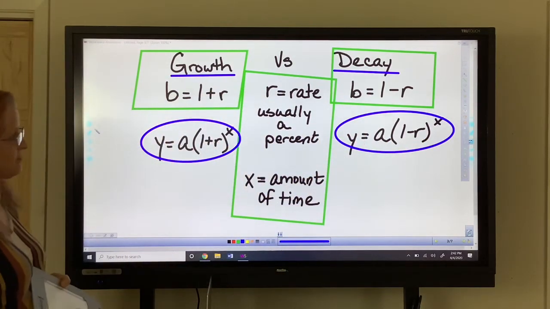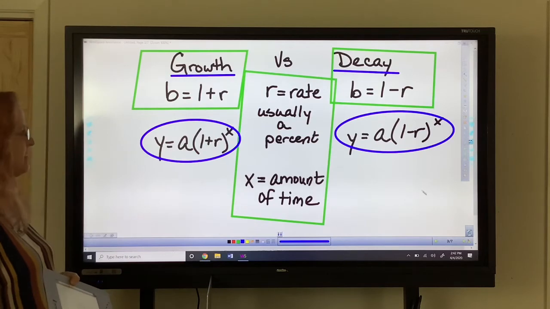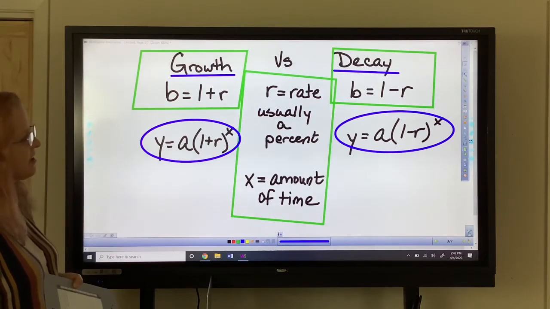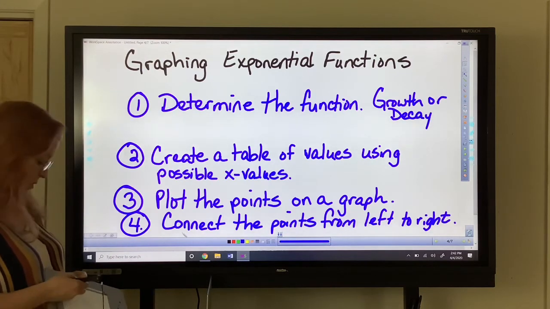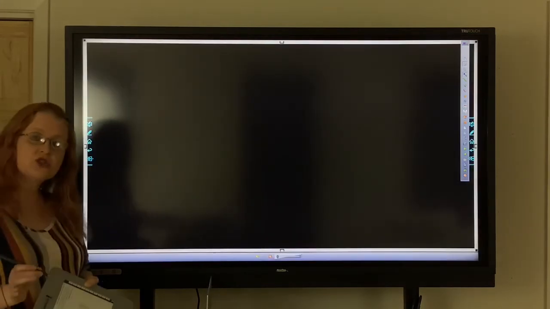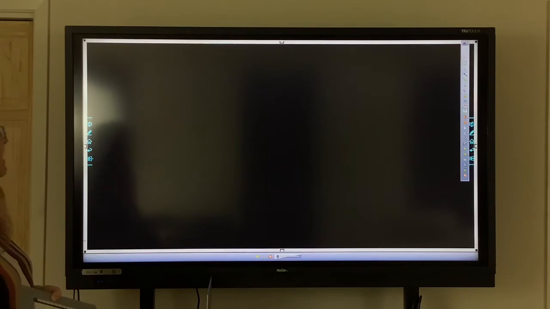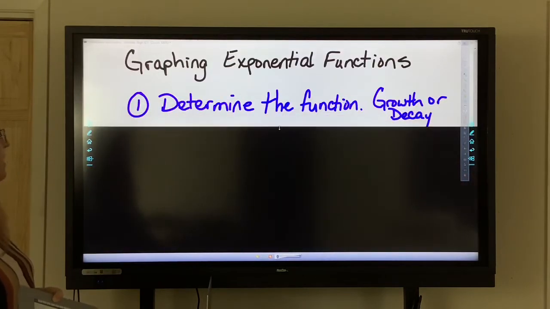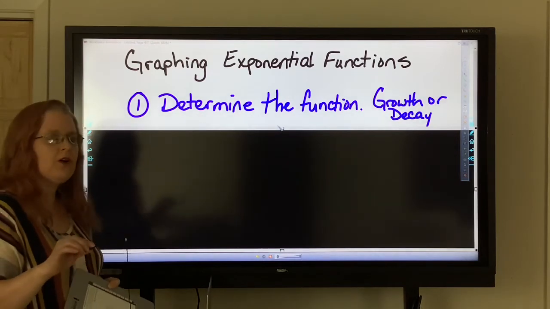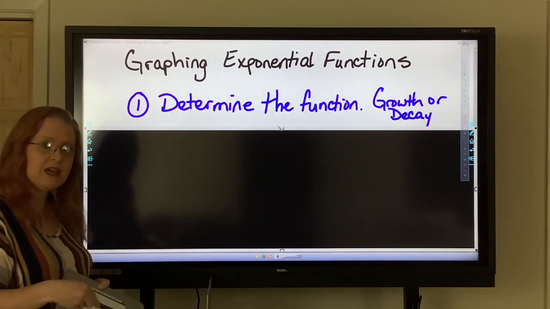And so let's look at a couple of graphs, because this is just a basic video to tell you about exponential functions. So when you're graphing, there are certain steps to take for any function for that matter. But the first thing you want to think about is, in the problem, are you graphing a growth or decay problem?